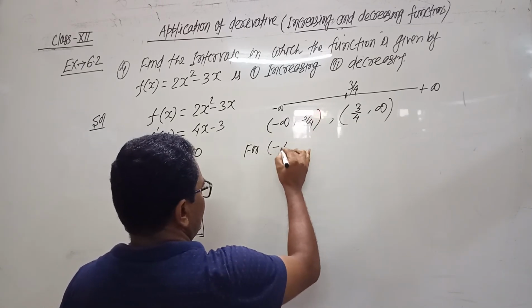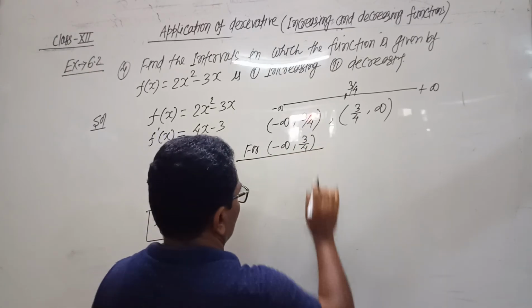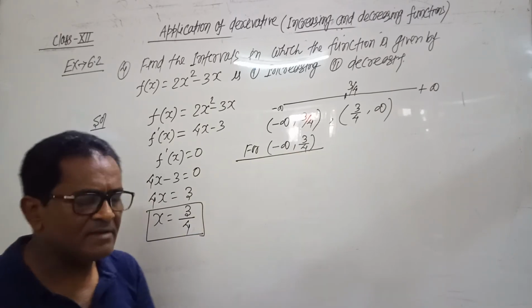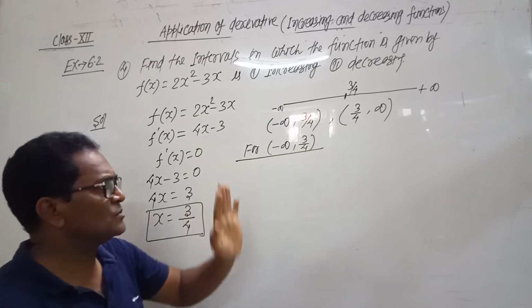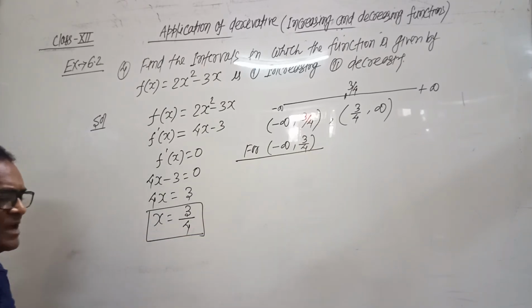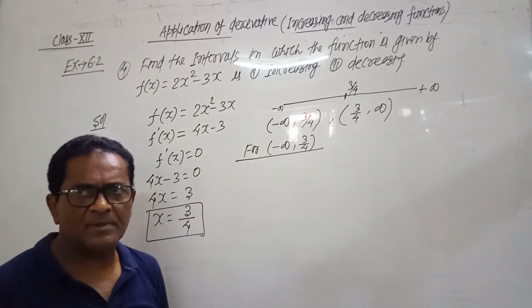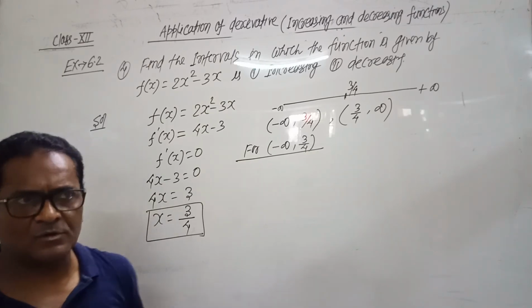So for the interval minus infinity to 3 by 4, take any value that lies between minus infinity and 3 by 4.